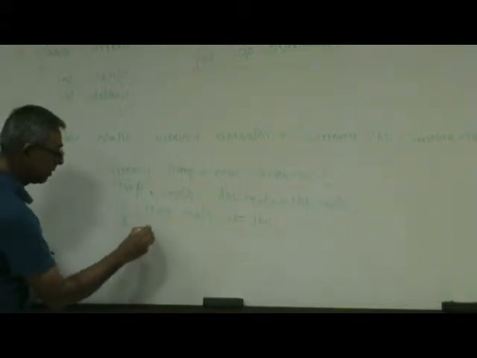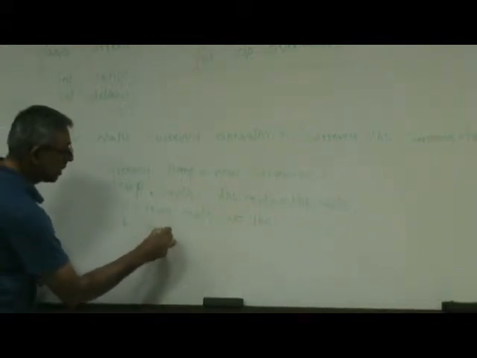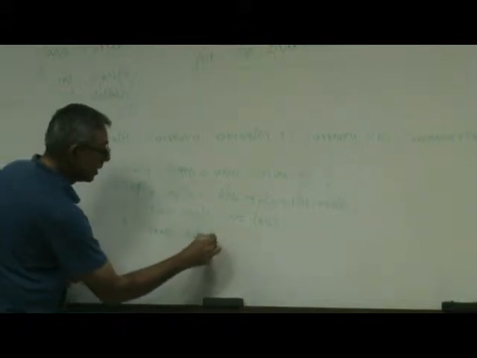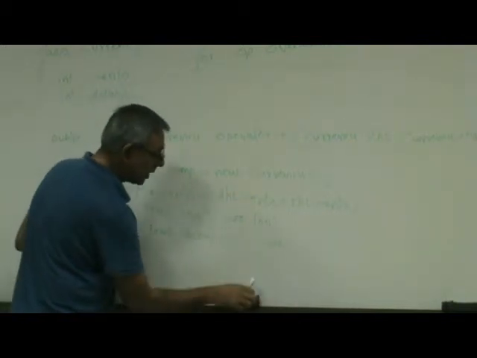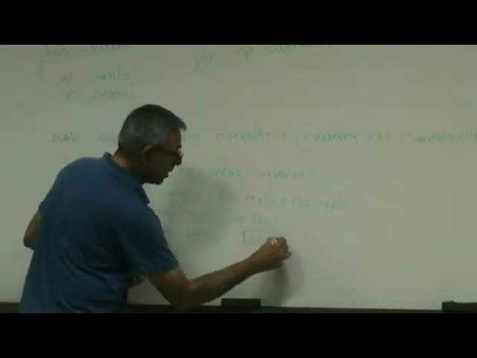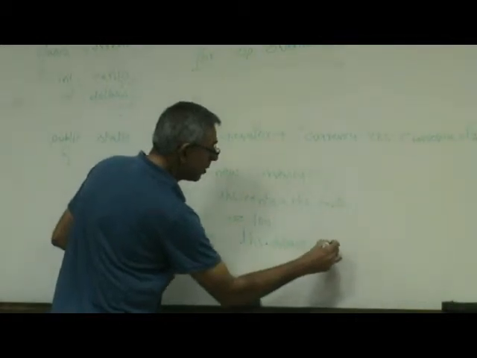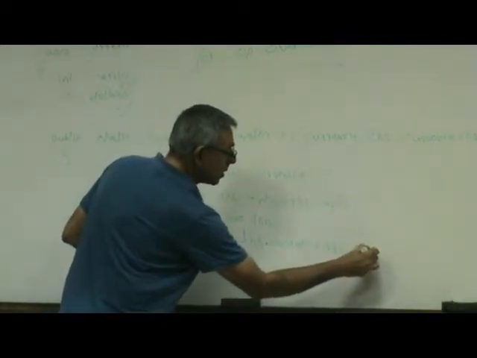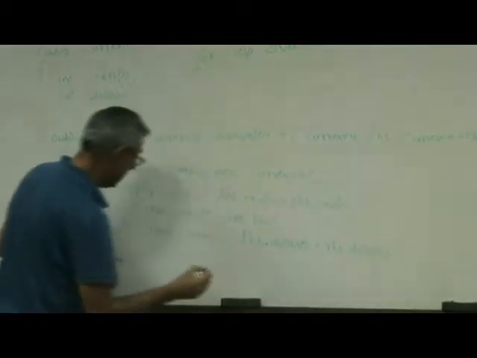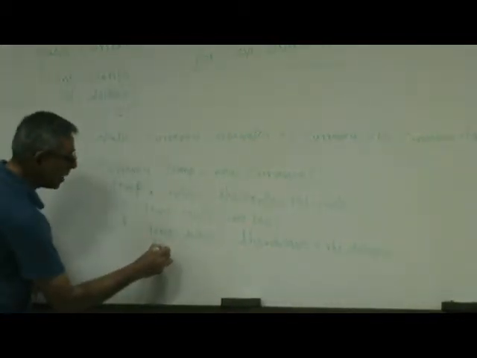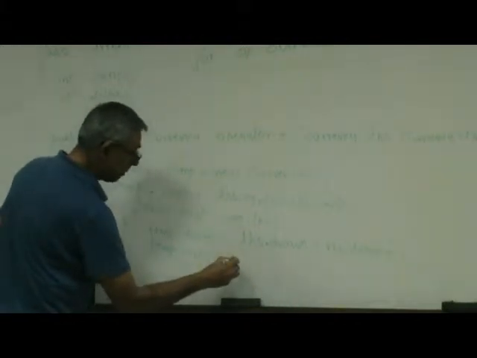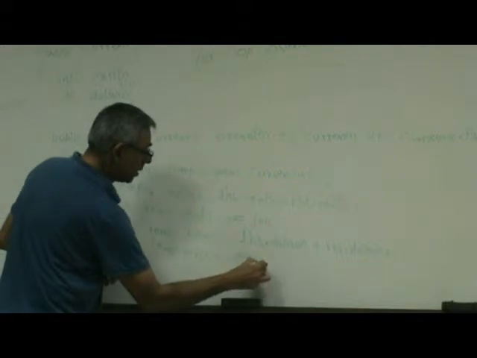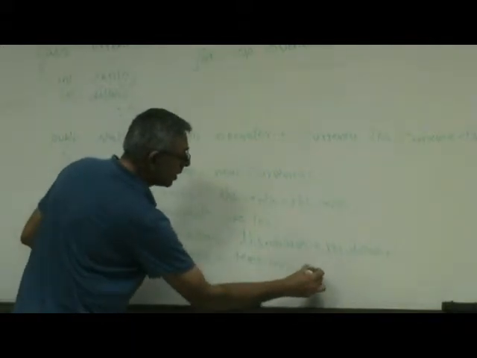Okay, if temp dot cents is greater than 100, then you will do temp dot dollars equal to, sorry, left hand side dot dollars plus right hand side dot dollars plus 1, right? And you will do temp dot cents equal to temp dot cents minus 100.